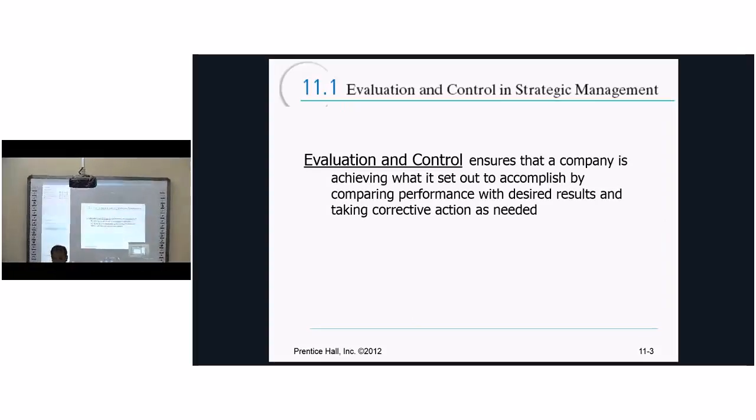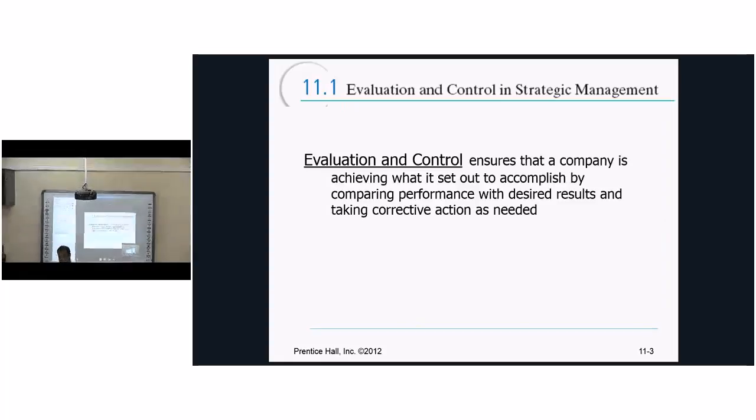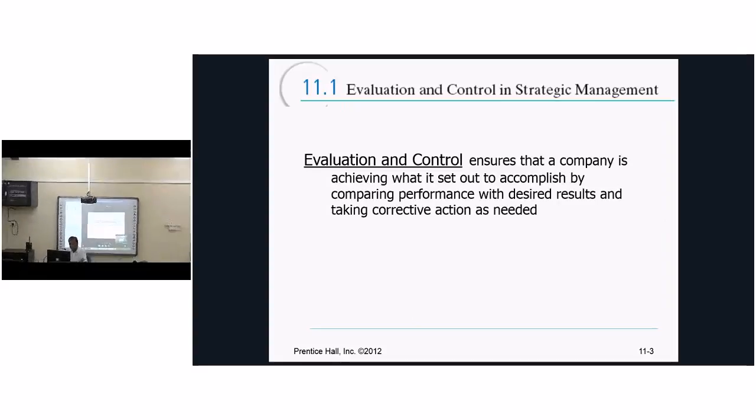Now, organizations do it in multiple forms. Some organizations measure their monthly performance against the budget to see whether they have achieved it or not. And if there's a variance, they identify the reasons for the variance and try to correct it as soon as possible. You can get into quarterly level management.